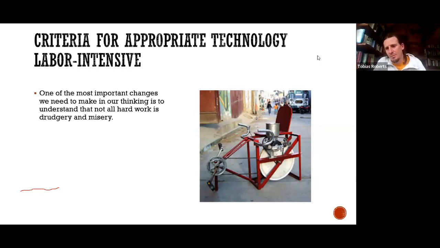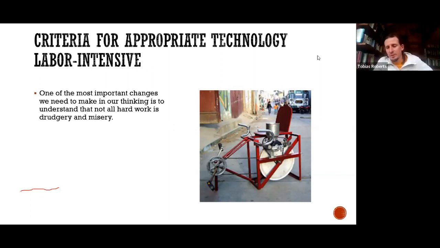This is an example in Guatemala where I worked with a group of macadamia nut farmers. And there was one organization that wanted to bring these massive machines to process the macadamia nuts, but they were expensive. And it was easy; you just had to push a button and it did it.